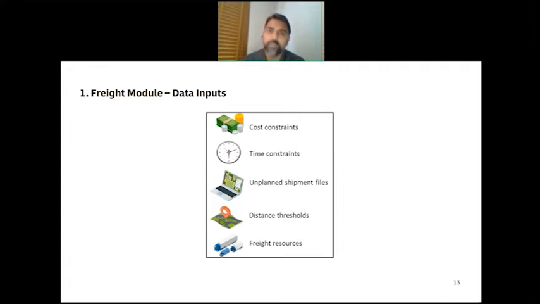And the inputs would be your different cost constraints, which would be based on the product, based on the weight, and the time constraints, when the delivery needs to be there every day, right? Based on different distance thresholds, meaning certain common carriers might say they don't want to go beyond 450 miles from the warehouse location, right? And they don't want to do, let's say, more than 2 or 3 drops. So all these constraints are a part of this.